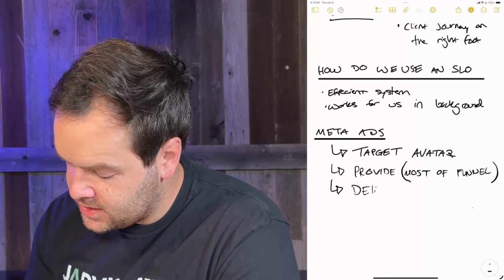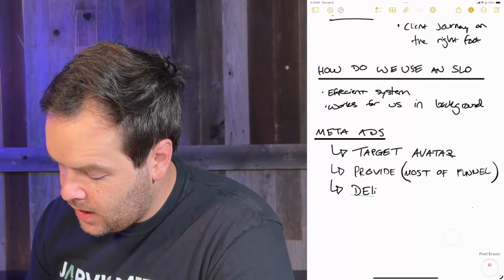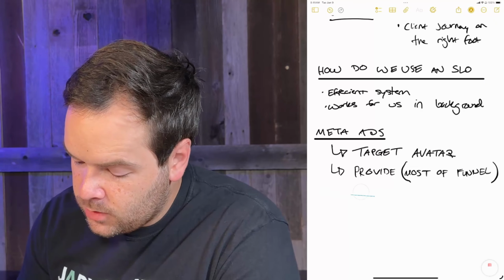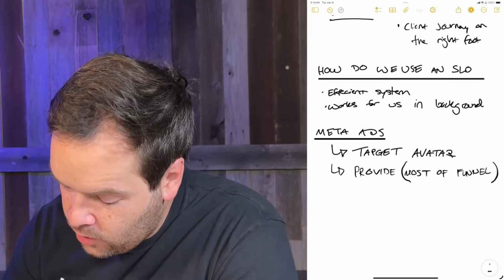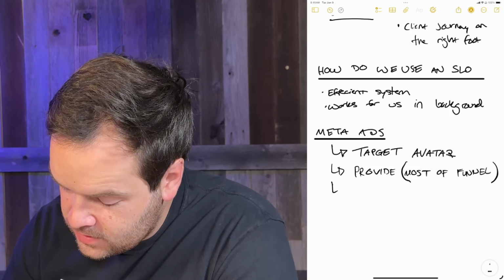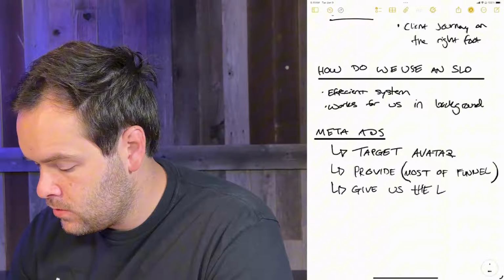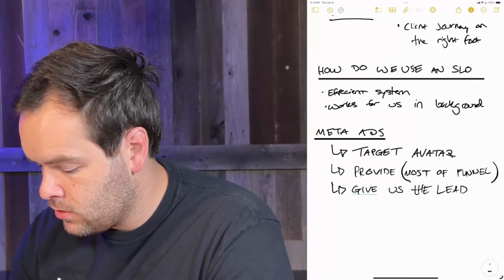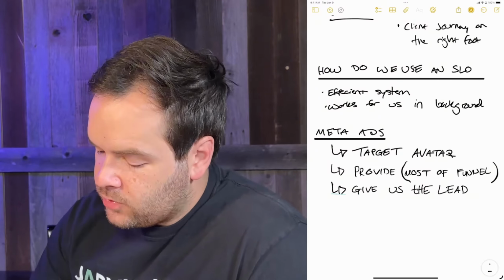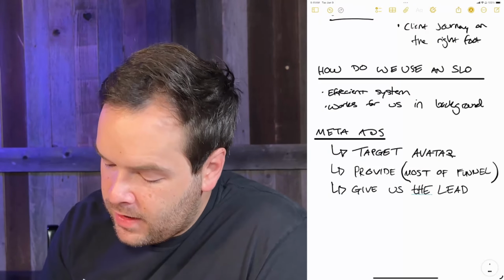Well, actually, let me take a step back here. I'm getting a little ahead of myself. So we want this to provide most of the funnel, and then of course give us the lead. So that is what's going to be really, really important for Meta to accomplish.